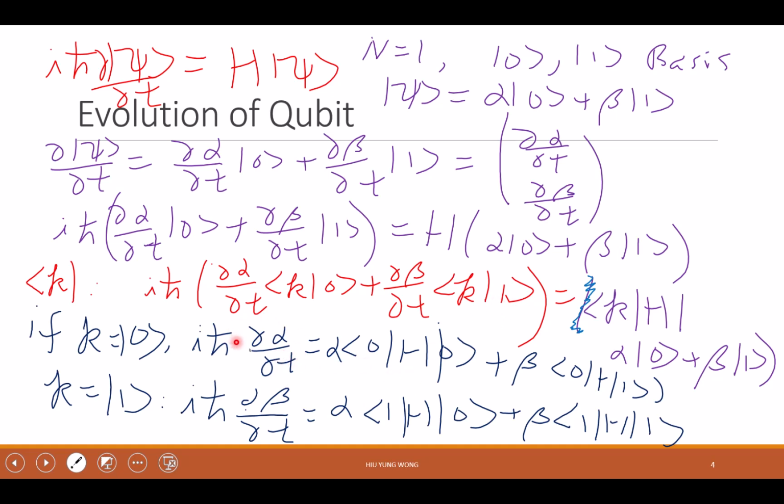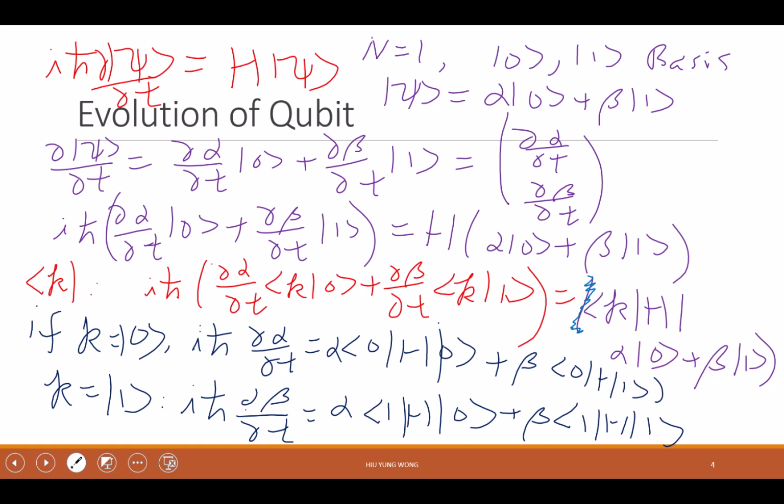So the whole left-hand side becomes i h bar partial alpha partial t. The right-hand side, I cannot simplify. I can take alpha out, then I have <0|H|0> because now I assume k is 0. So <k|H|0> becomes <0|H|0>. And, sorry, this term becomes beta times <0|H|1>.